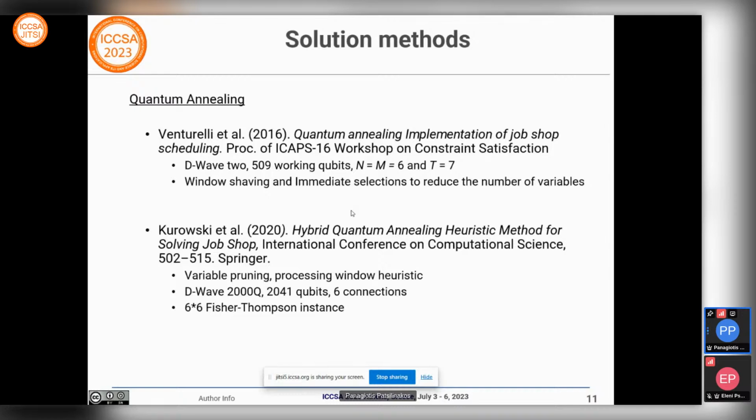It has about 500 qubits, and it was used only for problems with n jobs and 6 machines. And then their model, the QUBO they proposed, was reused on the other generations of machines, and other authors solved, let's say, harder problems with the same model.